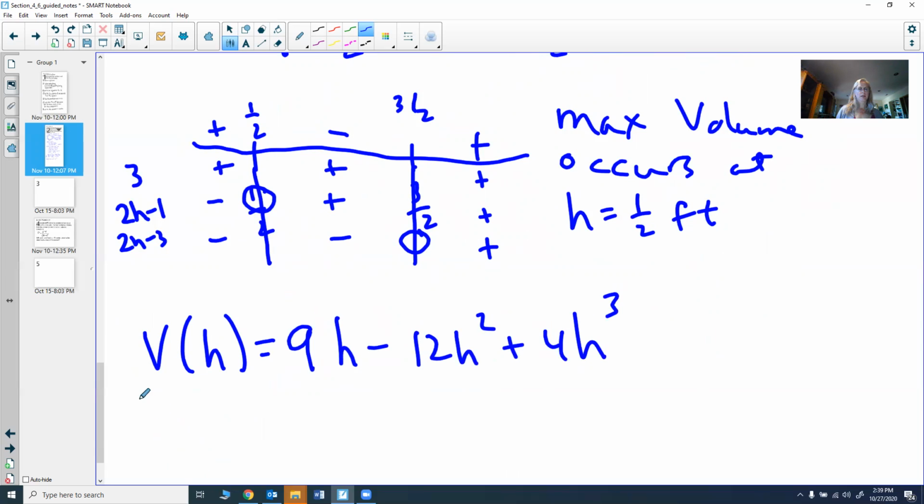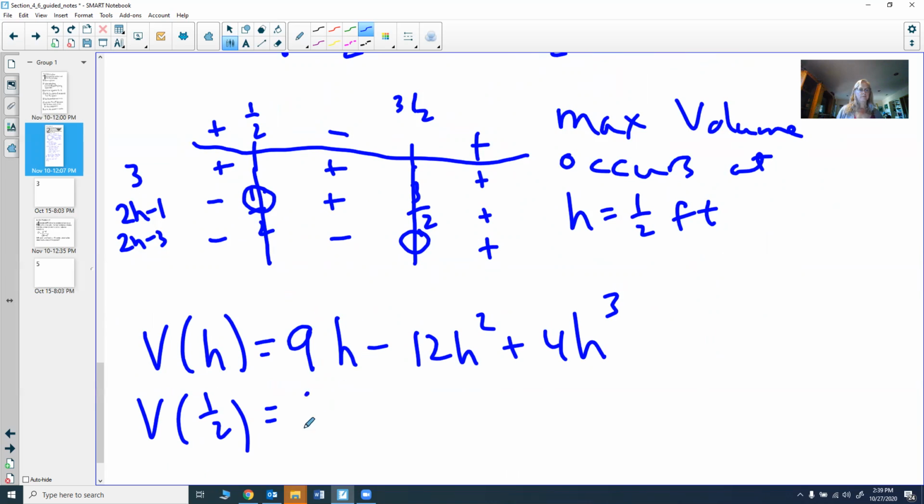That's my volume. Let's find the volume at 1/2 where my maximum occurs. So that would be 9 times 1/2 minus 12 times 1/2 squared plus 4 times 1/2 cubed.